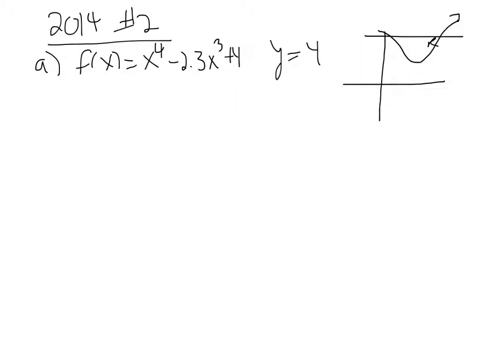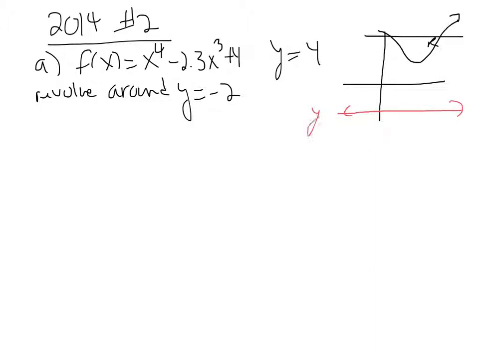Part A asks us to revolve around y equals negative 2. Okay, so I'm going to draw y equals negative 2 down here. Now, there's all this space in between these curves and y equals negative 2.